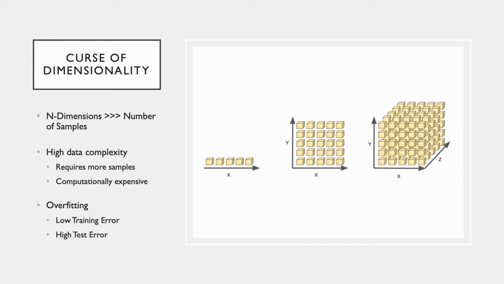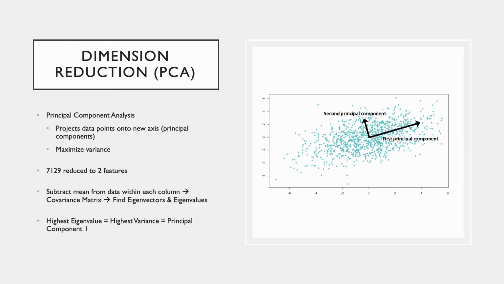So the goal is to have a model that can perform well on the data we feed it, and also perform well on unseen data. To counter high-dimensional microarray data, I utilize a dimensionality reduction tactic called principal component analysis, or PCA for short. Simply put, we have our data in n dimensions.